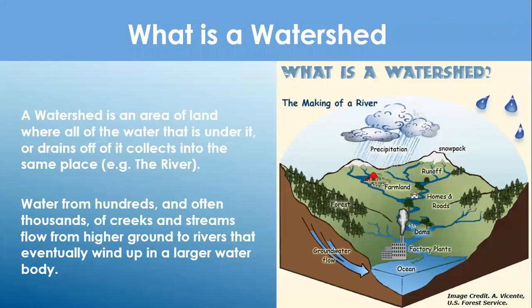So what is a watershed? A watershed is an area of land where all the water that is under it or drains off it collects into the same place. Water from hundreds and often thousands of creeks and streams flow from higher ground to rivers that eventually wind up in a larger water body. So imagine all of the rain that falls on these steep mountains in the distance.